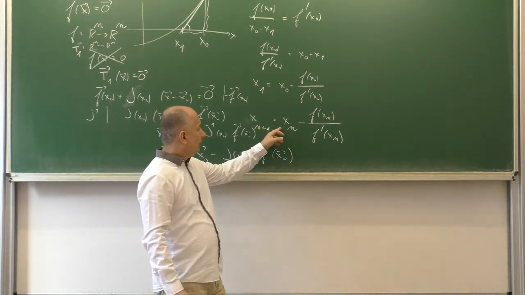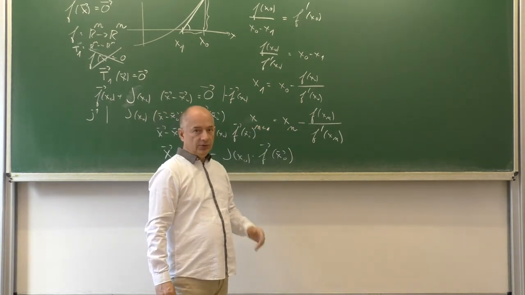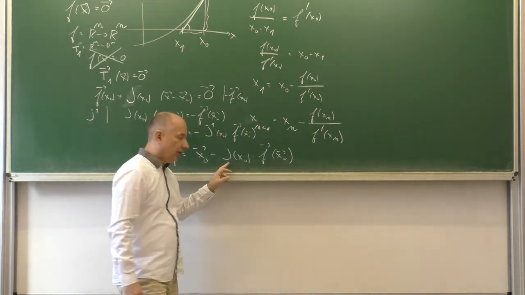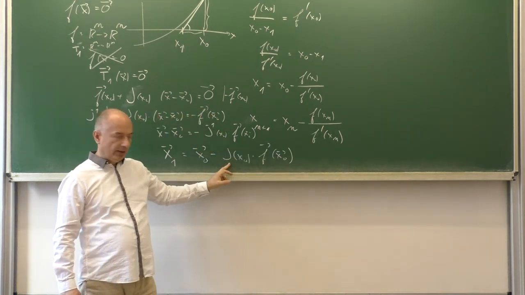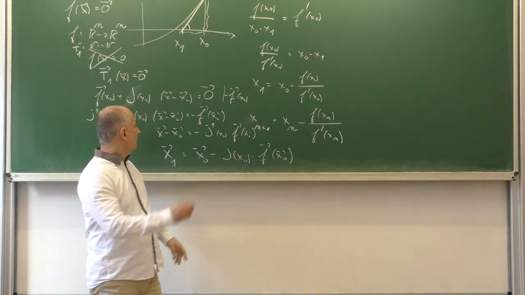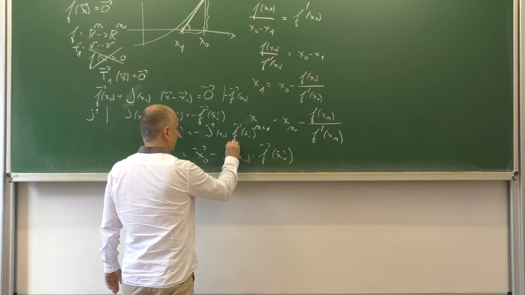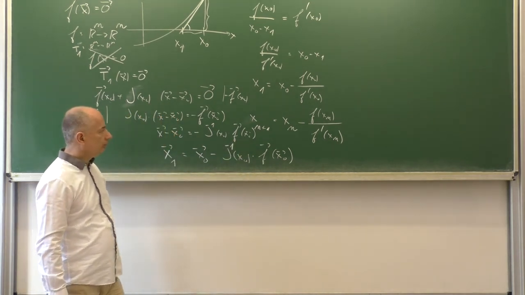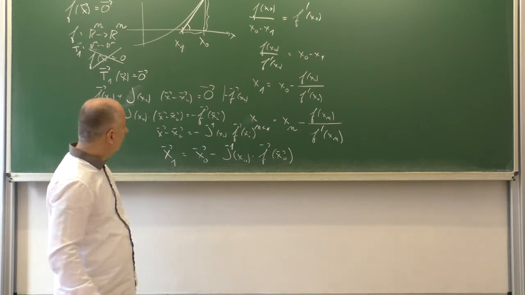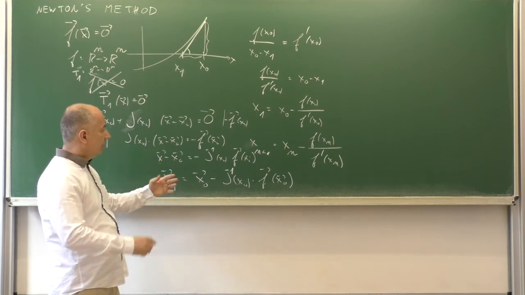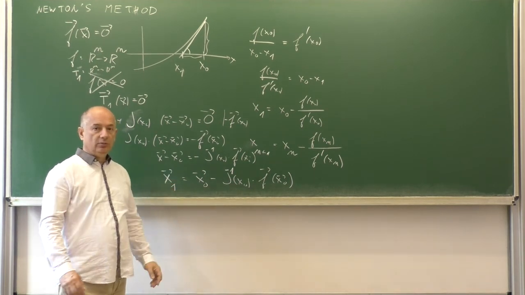Just instead of x and f, we have vectors, and instead of f derivative, we have the Jacobi matrix of the first order derivatives, and instead of dividing by the derivative, we multiply by J inverse. Well, and again the question arises, how many steps should we perform?